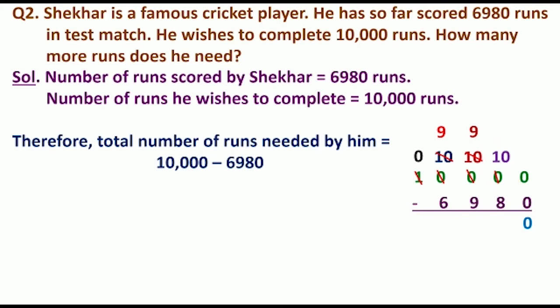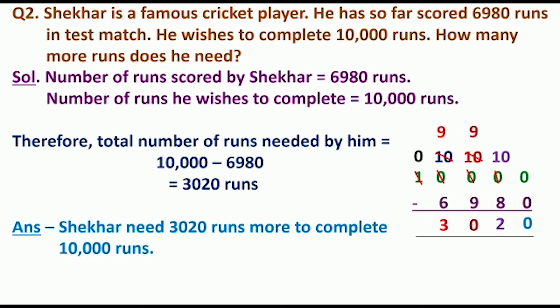Now subtract: 10 minus 8 will be 2, 9 minus 9 will be 0, 9 minus 6 will be 3. So here we are getting 3020. So the number of runs he needs to complete 10,000 runs will be 3020 runs. So Shekhar needs 3020 runs more to complete 10,000 runs.